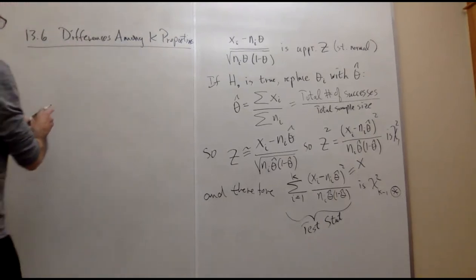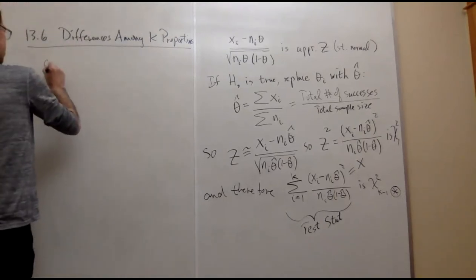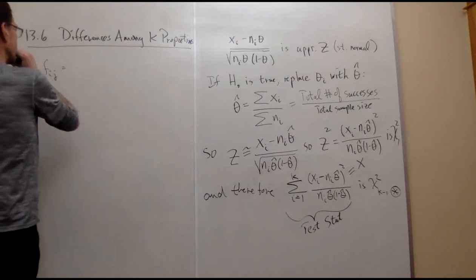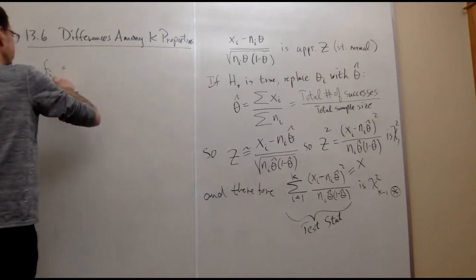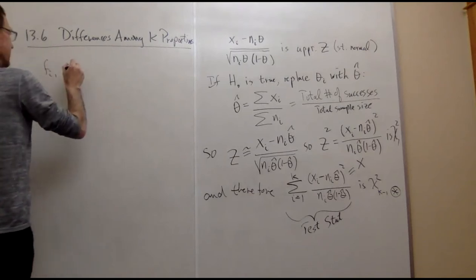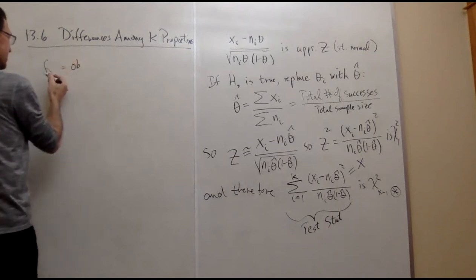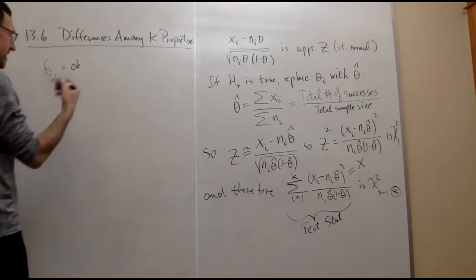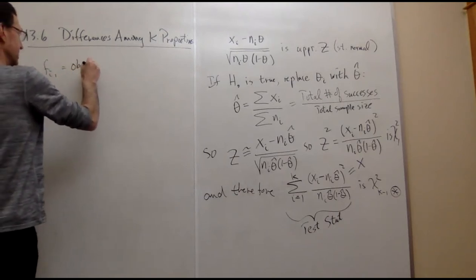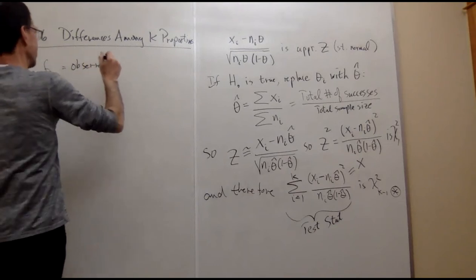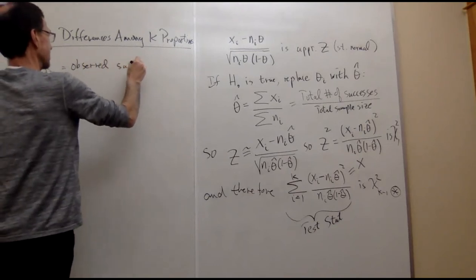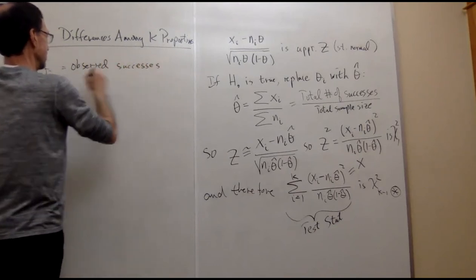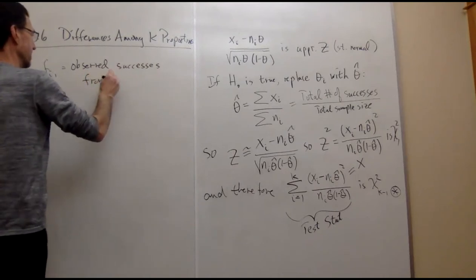So let Fi1 be the observed values. F stands for frequency. We're counting sample values, observed successes from population i.